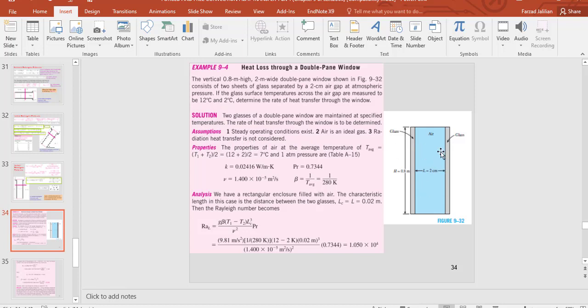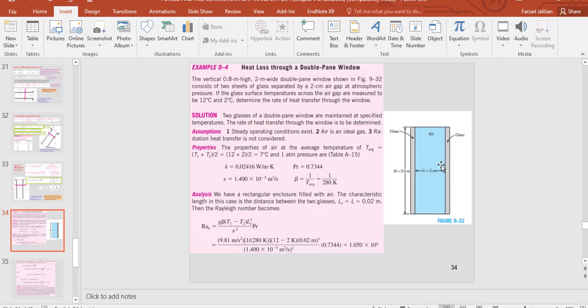First, let's see how we can find a solution and the rate of heat transfer. If we make some assumptions for this double pane window, we can use our equation. First, a steady operating condition exists. As you may know, the temperature changes during heat transfer, but here it is mentioned that the temperature is constant during this process.